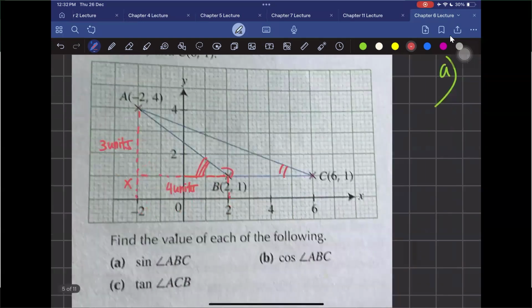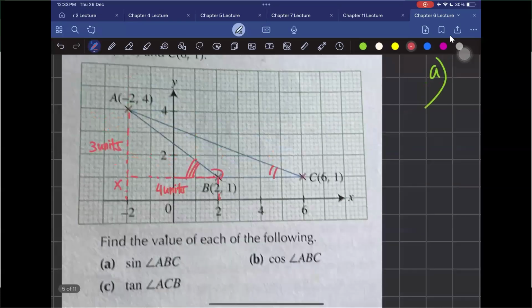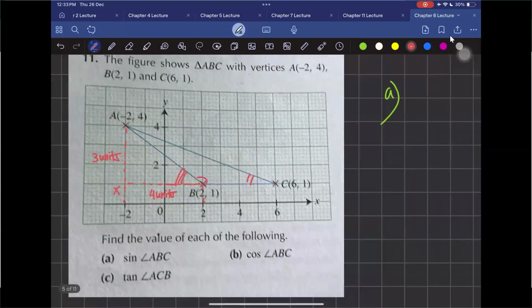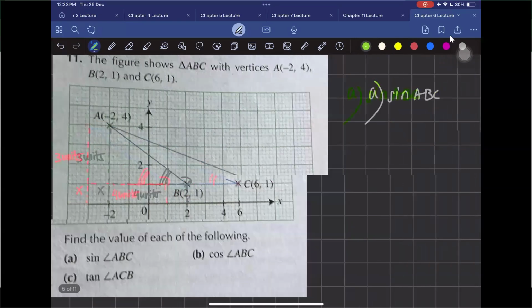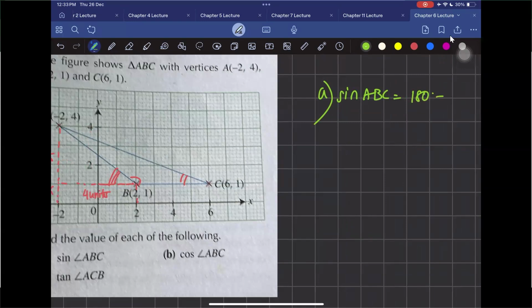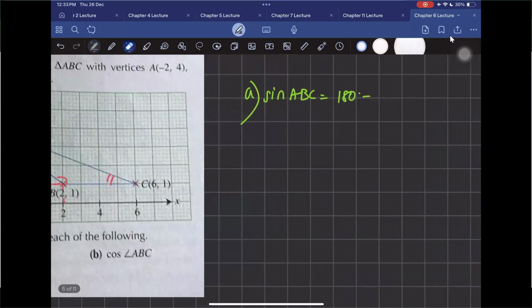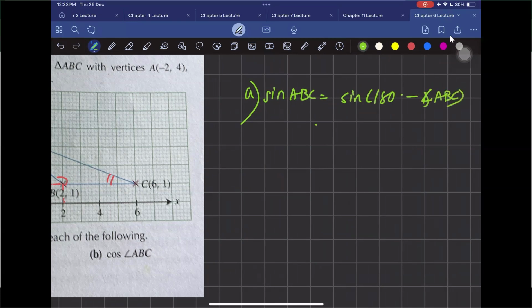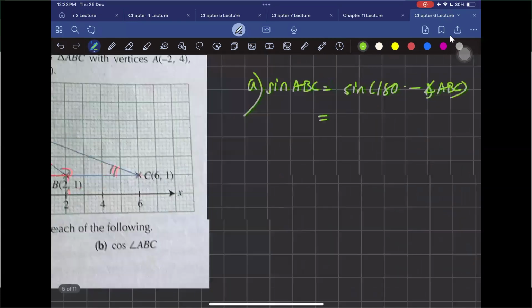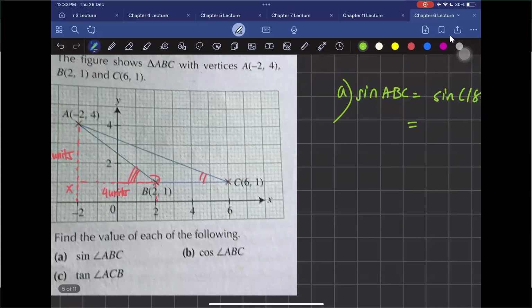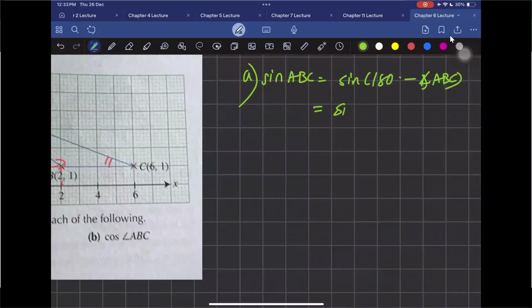Okay, so now let's get started. Your sine ABC should be equal to sine of 180 degrees minus angle ABC. This is the trigo identity. Sine of 180 minus angle ABC is equal to sine angle ABX.